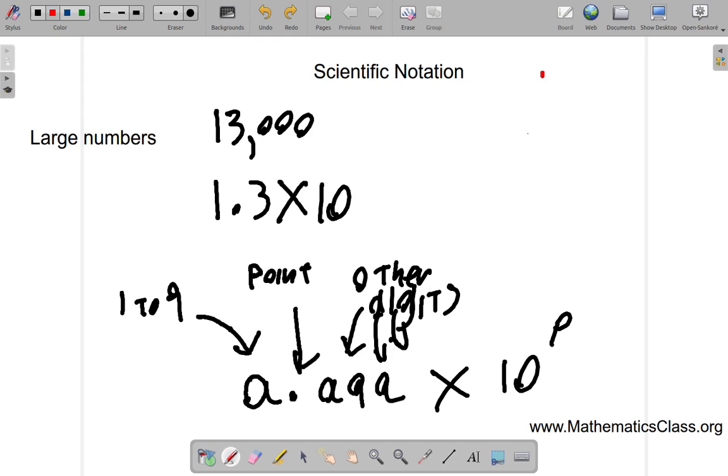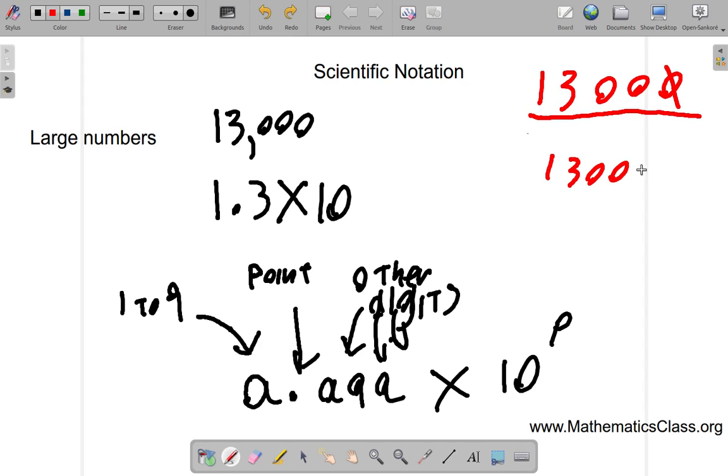We have 13,000, right? If we divide this by 10, we get rid of this 0 and we have 1,300. But if we want back our 13,000, you want to maintain this 13,000 at all times, we're going to have to multiply this by 10. So 1,300 times 10 gives you 13,000. And this is 10 to the power of 1. Nice.